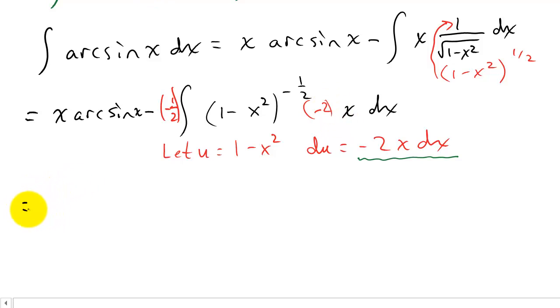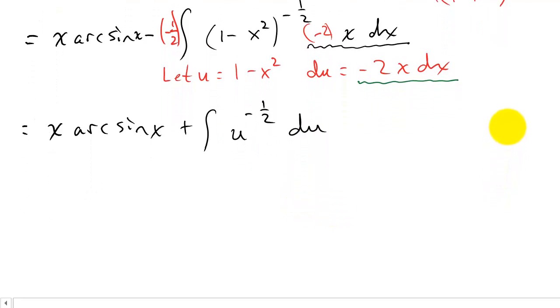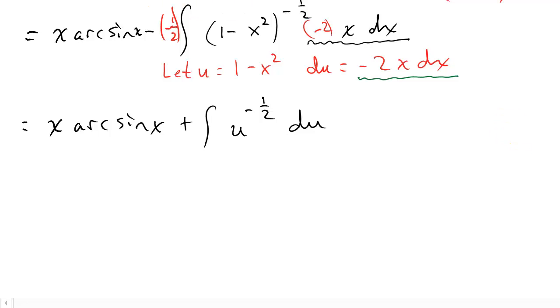So that's going to give me x arc sine x, and then the negative and negative, that's going to give me the plus. And then in place of 1 minus x squared, I'm going to put u, so that's u to the negative 1/2. And in the place of negative 2x dx, I'm going to put du. Oh, and I forgot my 1/2.